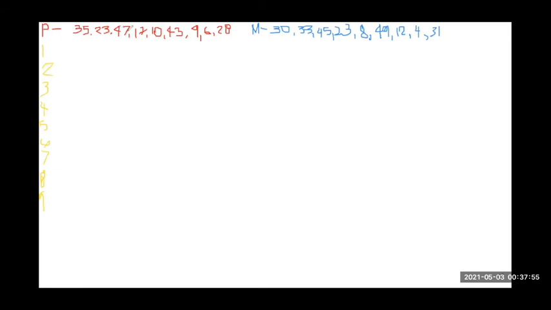The one that ranks highest is 47. And we have the second one, which is 43. The third one will be 35. The fourth one would be 28.